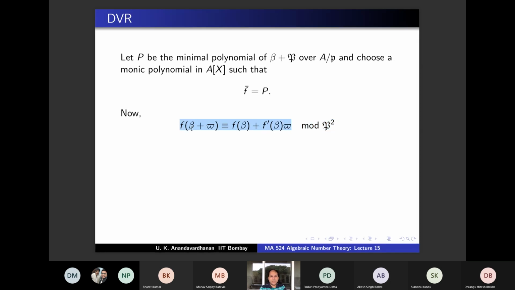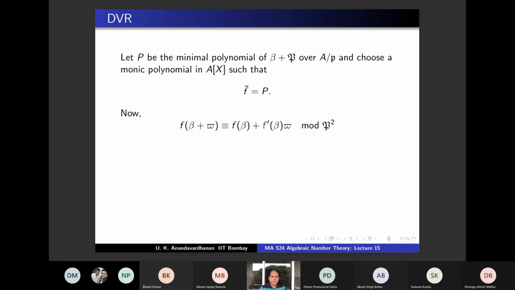You take beta plus pi and check f of beta plus pi. You will see that modulo p square, it is f of beta plus f prime beta times pi. So you just have to take a polynomial x square plus ax plus b, substitute this, expand and verify this. That's an easy check which I leave.